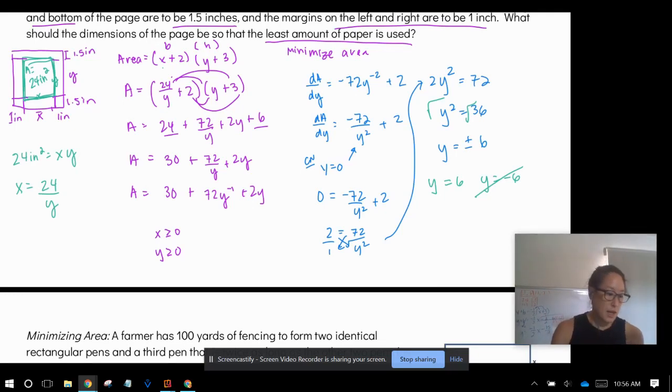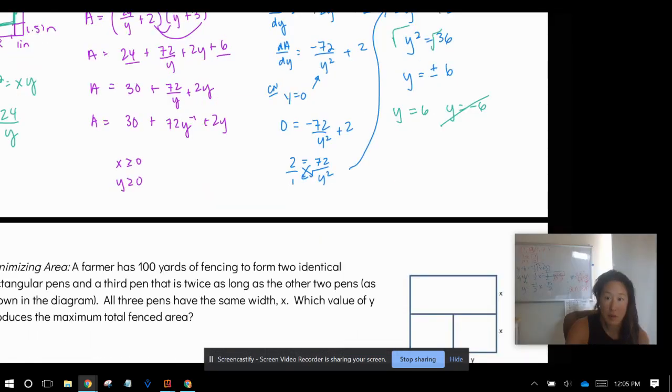So what I need to do next is, all right, we got to make a number line, which I forgot to do on the last example. So for f prime, our domain is that we have to be greater than 0, and our critical number is at 6.